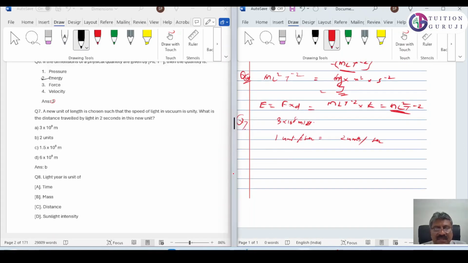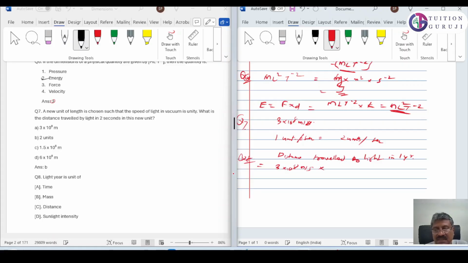Next is question 8. A light year is a unit of what? What is a light year? A light year is the distance traveled by light in 1 year. We know the speed is 3 into 10 raised to 8 meters per second.